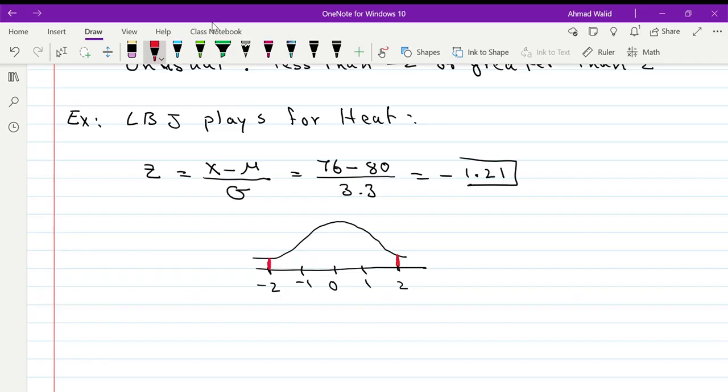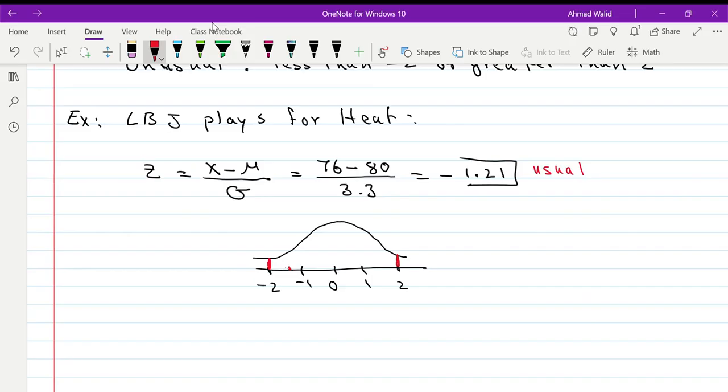Where is -1.21? -1.21 is somewhere here, correct? Then it is usual. You can answer: it's usual for someone with a height of 76 inches to play for Miami Heat.